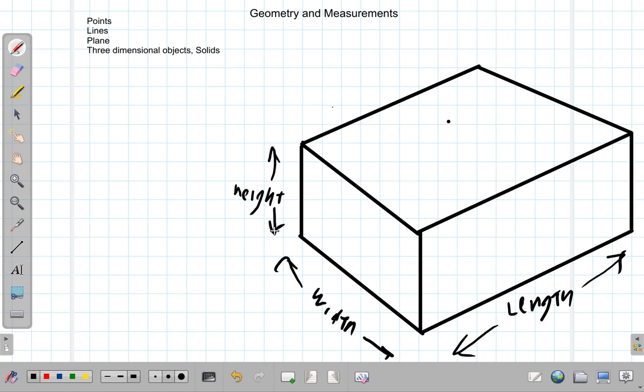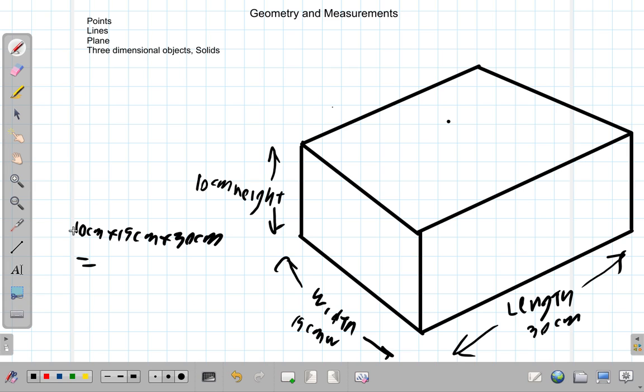Now, I could have this as being 10 centimeters high, 15 centimeters wide, 30 centimeters long. Those 3 dimensions would give me a measurement of 10 centimeters times 15 centimeters times 30 centimeters.